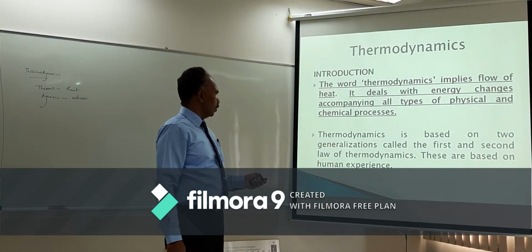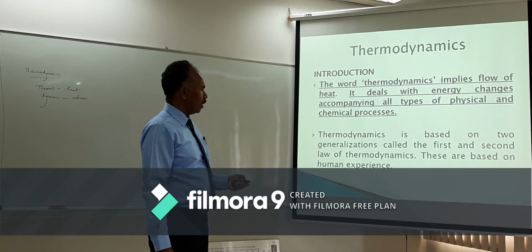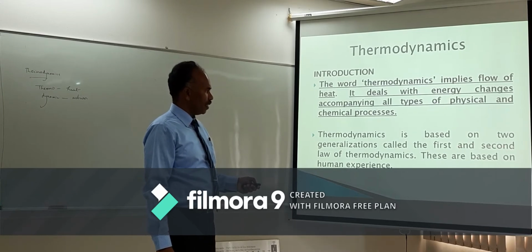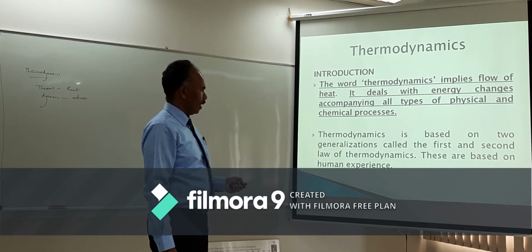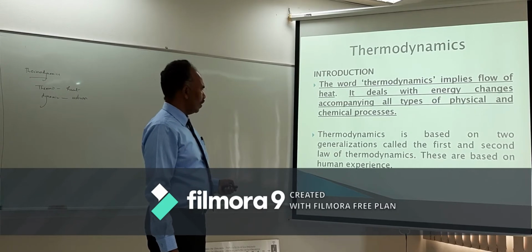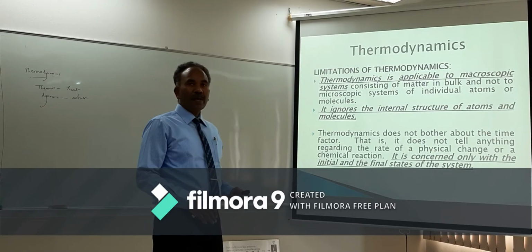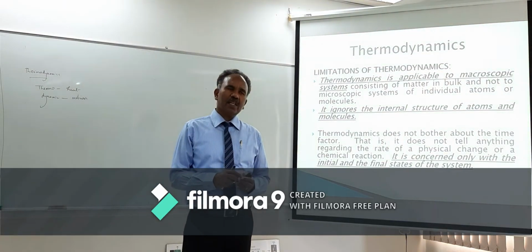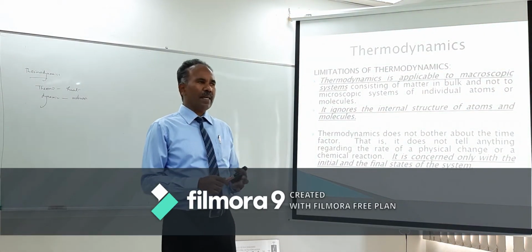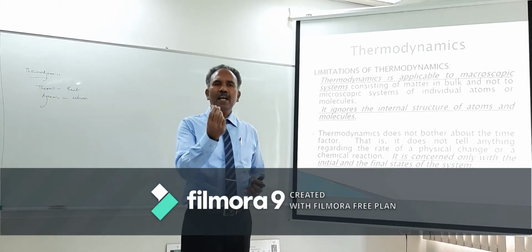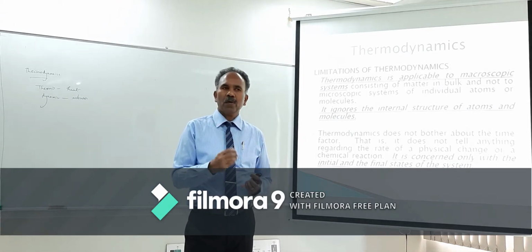Thermodynamics is based on two generalizations called the first law of thermodynamics and the second law of thermodynamics. These are based on human experience, but there are some limitations. So we cannot study thermodynamics by taking a little amount, a micro quantity.